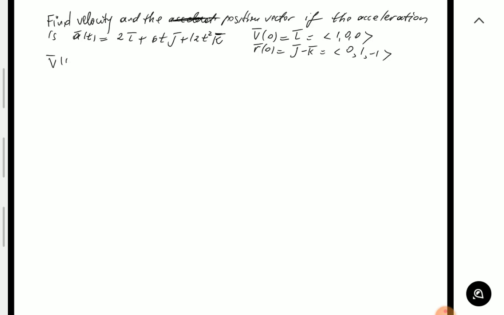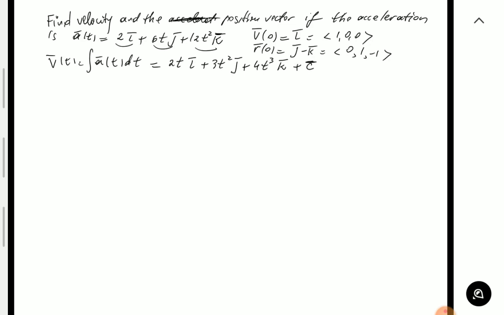Because the velocity is the antiderivative of the acceleration, we have to integrate the acceleration. The same rules apply: we distribute the integral to each component. So the antiderivative would be 2ti plus 3t squared j plus 4t cubed k plus a constant of integration, but notice that the constant of integration is a vector in this case.